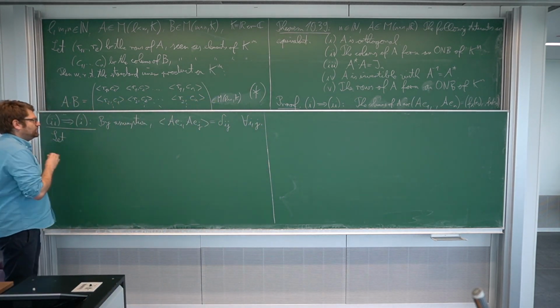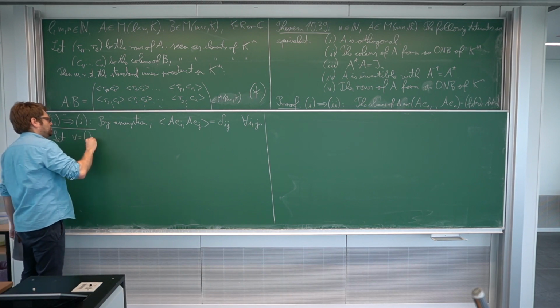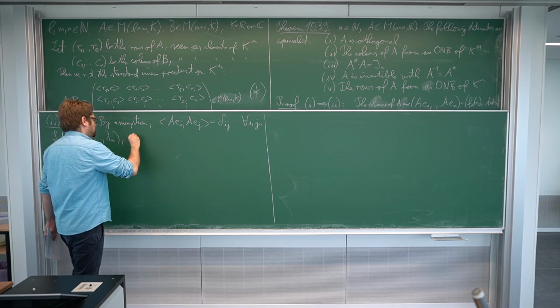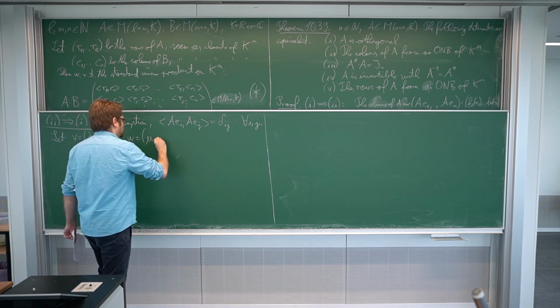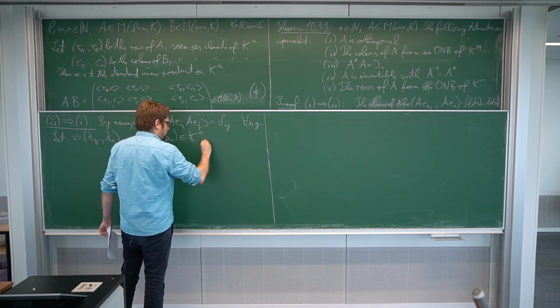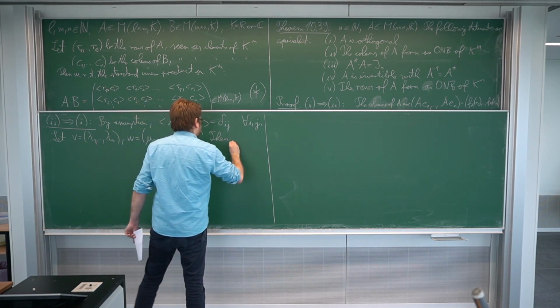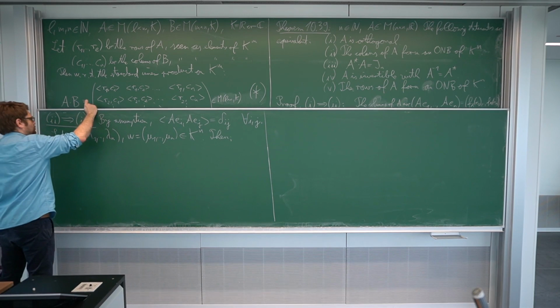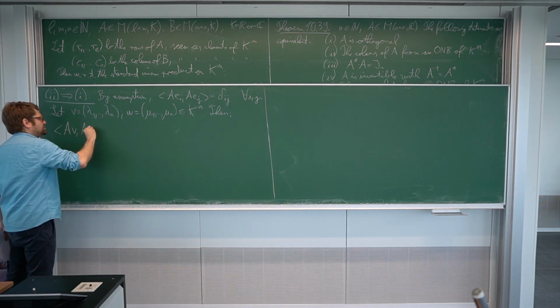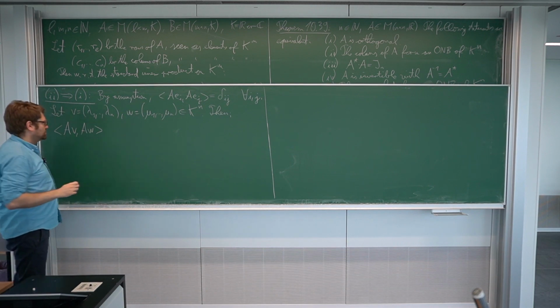So we now take two vectors from K^n and call their entries lambda_1 to lambda_n, this is a vector v, and w has entries mu_1 to mu_n in K^n. Then we make the following observation. We need to show that the inner product of Av and Aw is the same as the inner product of v and w. So let's check.